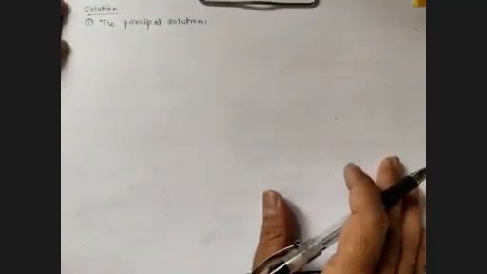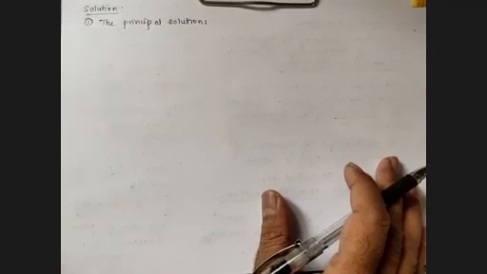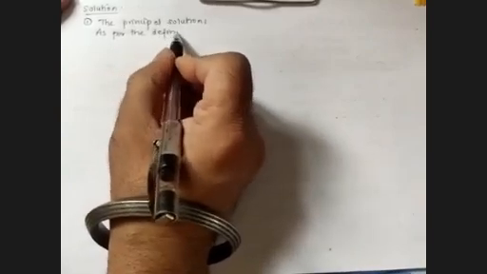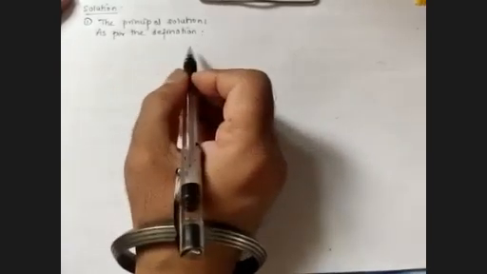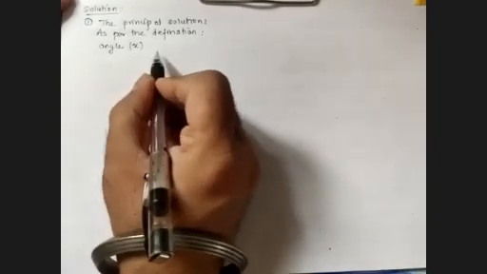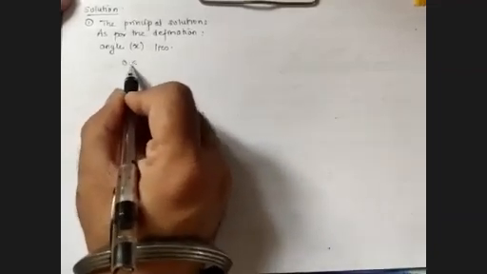The solutions of a trigonometric equation of an unknown angle x, where x is between 0 and 2 pi, are called principal solutions as per the definition. Principal solutions are the solutions of a trigonometric ratio of an unknown angle where the angle x lies between 0 and 2 pi.